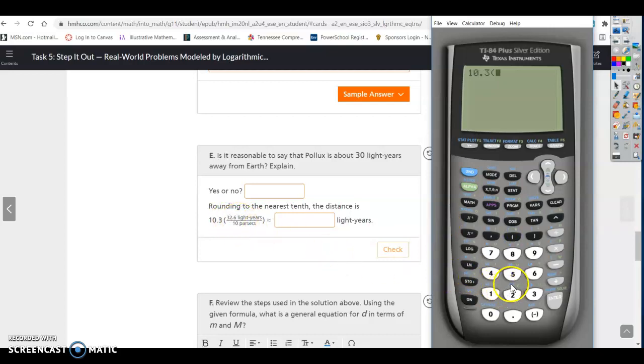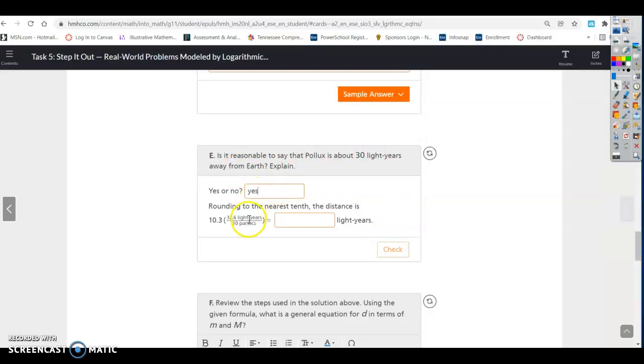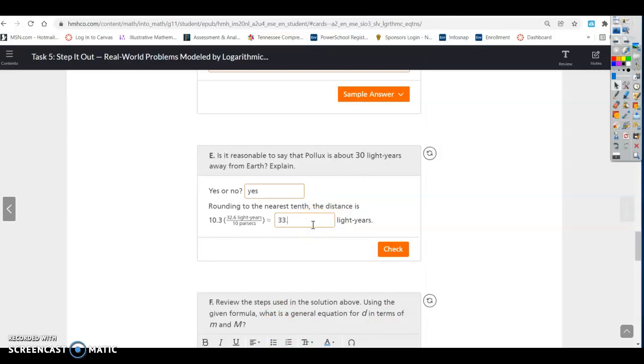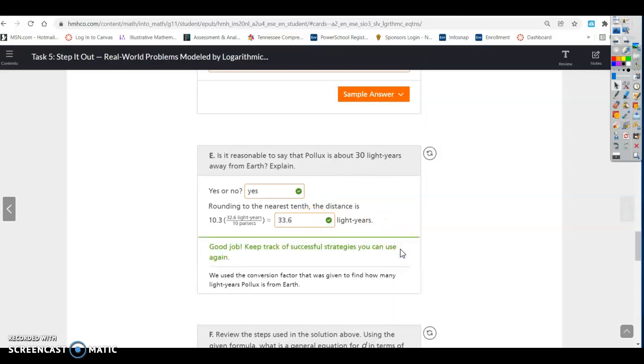So I'm going to multiply that by 3.26. That just eliminates one step here. So the 3.26 is this already divided by 10. It just moves it over one decimal place. And we're going to hit enter. And it says, is it reasonable to say it's about 30 light years away? And that would be yes. Rounding to the nearest tenth, the distance would be 33.6 light years away.